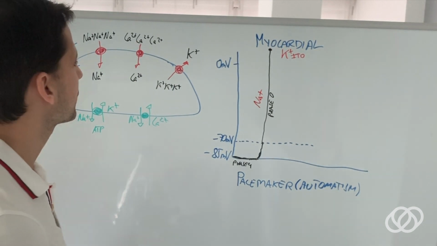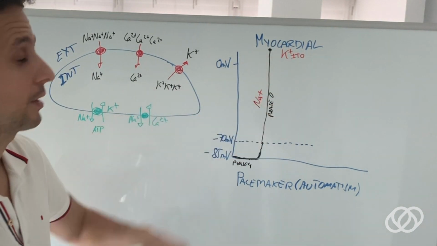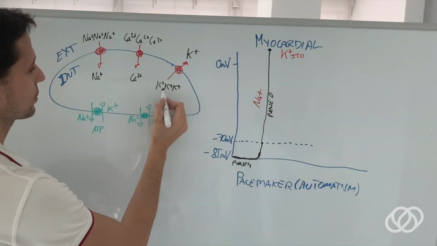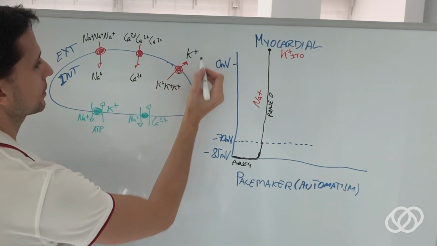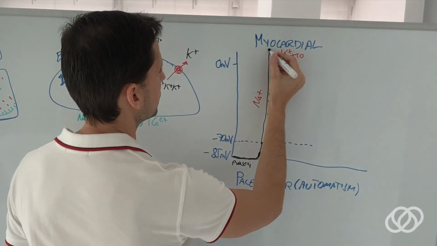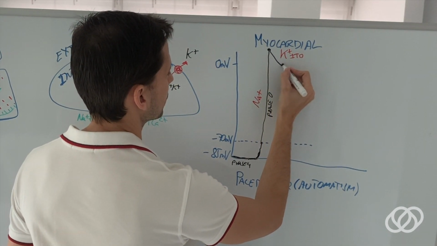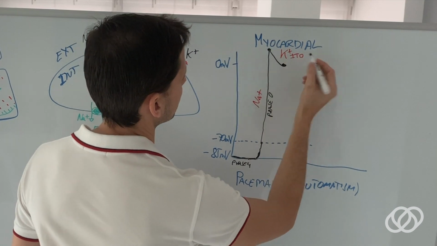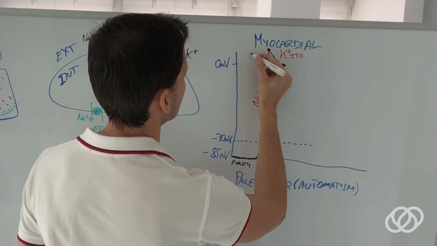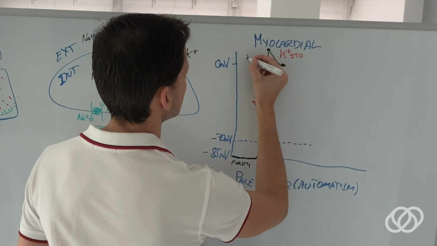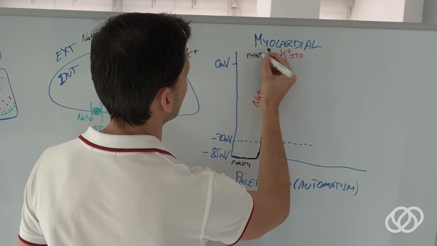They are going to start the repolarization of the cell, because when they open, a lot of potassium will go out of the cell. Up to here, remember, this is phase 1.